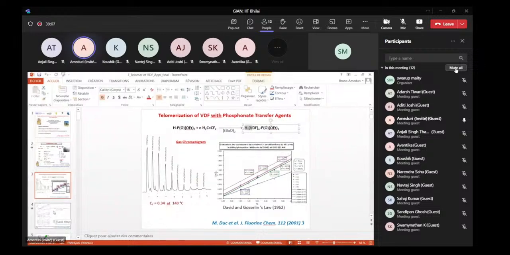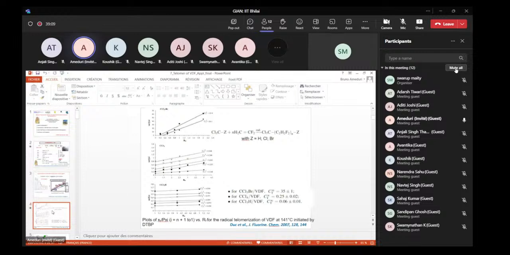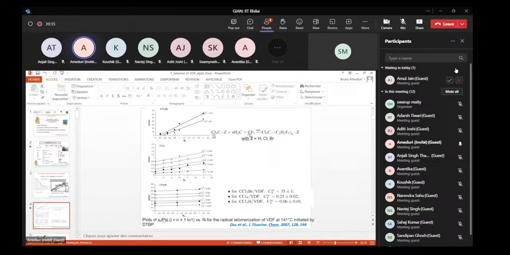Now, another example is if you consider CCl3Z in telomerization of VDF, Z being either H for chloroform, Cl for tetrachloromethane, or bromine for trichlorobromomethane. And as you can see, when you consider the slopes regarding the ratio of CTA to VDF, you can see that also in the three cases, you have a straight line, and the slopes are totally different.